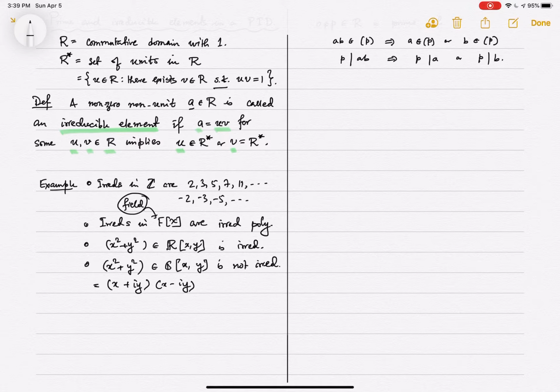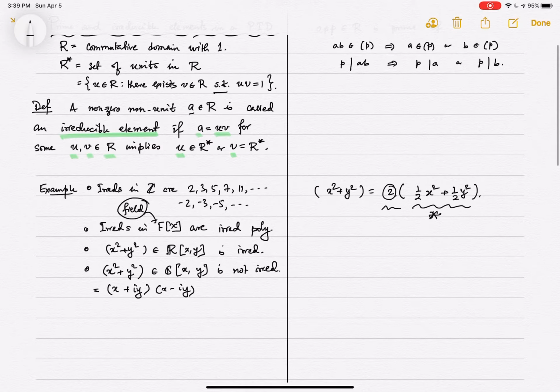You could say that I can also factor this in this silly way, but we don't count that as a factorization. That's the point of the definition. You have to write it as a product of two non-units.